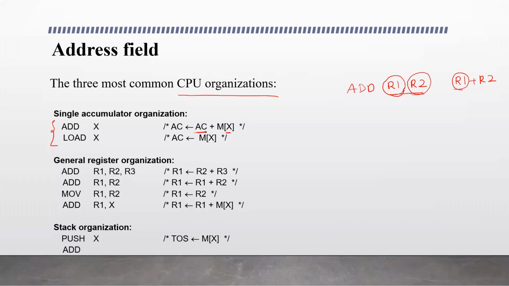M of X means the content of memory at location X; the location is named X. So add this data at location X in memory to the content of the accumulator and store the result in the accumulator.